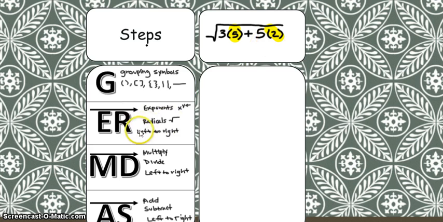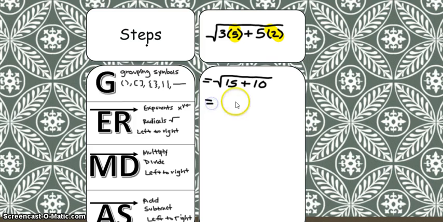Alright, we have multiplying and no dividing, so we got to do the multiplying first. So this is equal to the square root, and we do left to right. First we have to do 3 times 5, which is 15, plus, since there's an adding in between, we can do 5 times 2 at the same time. 5 times 2 is 10.